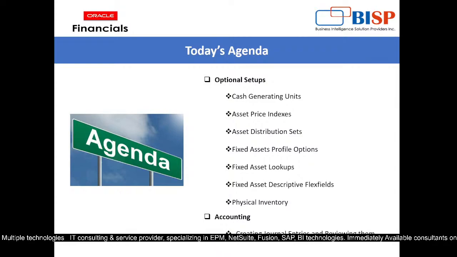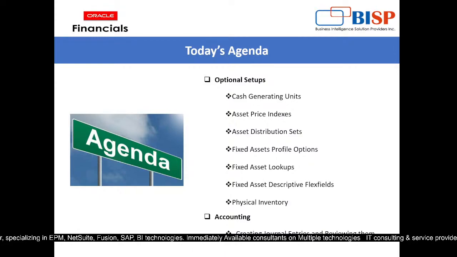have these setups: cash generating units, asset price indexes, asset distribution sets, then fixed assets profile options, and lookups. If you want to create lookups, you can create them. Then we will see the descriptive fields and the physical inventory that we can manage in fixed assets.